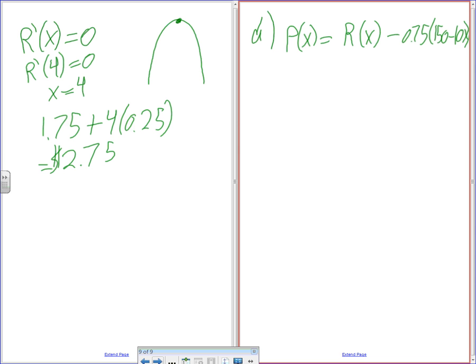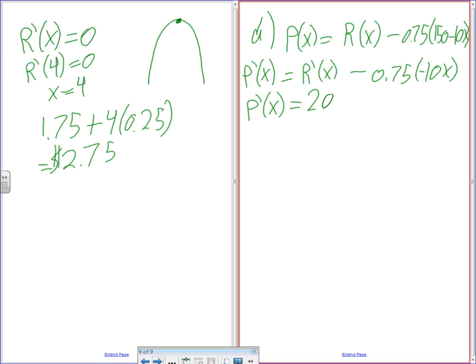So then the rate of change of the profit would be the rate of change of the revenue line minus 0.75 times negative 10, so 20 minus 5x plus 7.5.